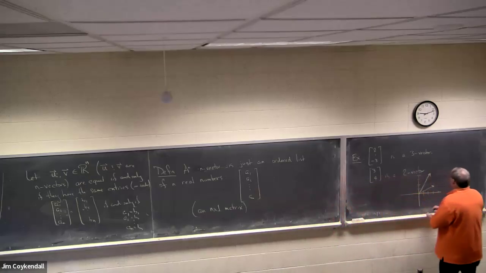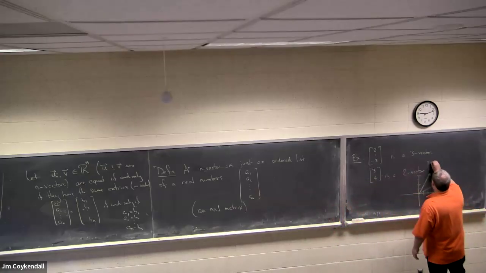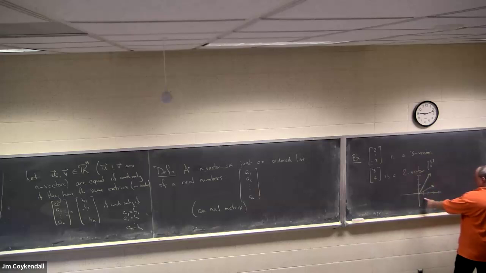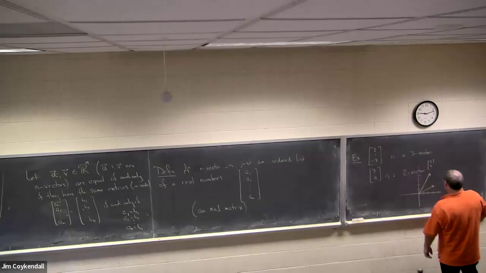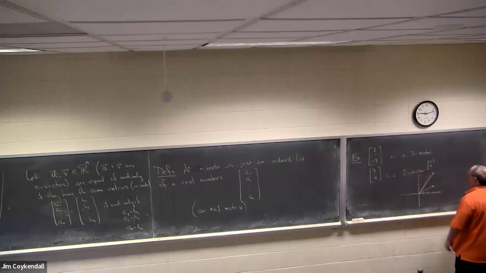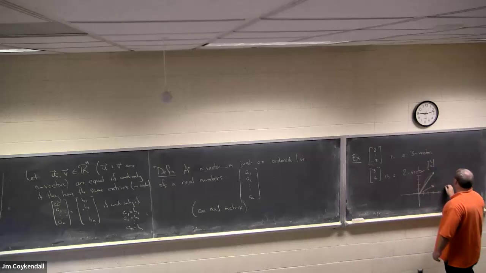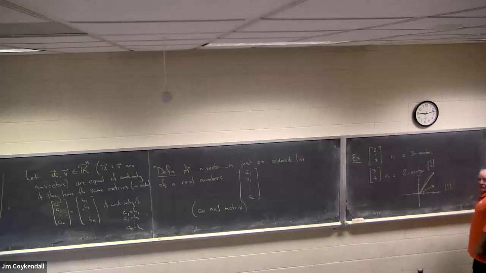In fact, if this vector here is (3, 4), and let's see if I drew this one right, and this vector right here is (3, 1). My geometry is not so good, so bear with me.